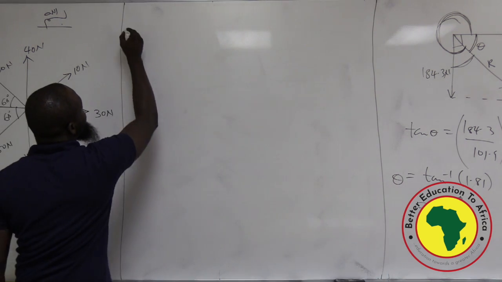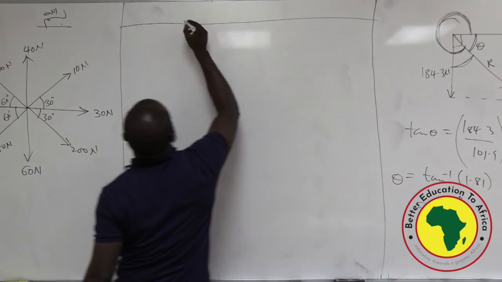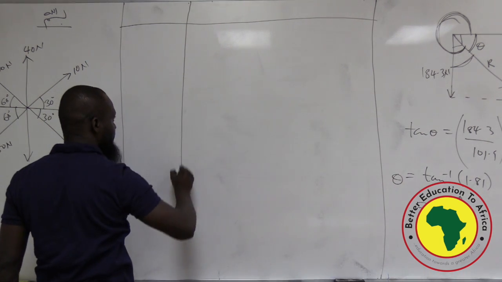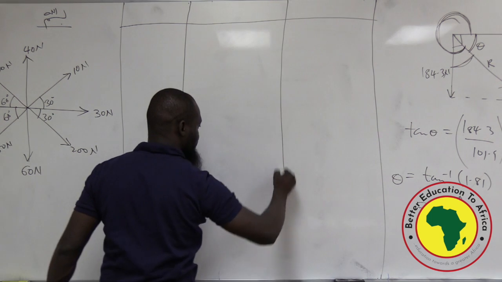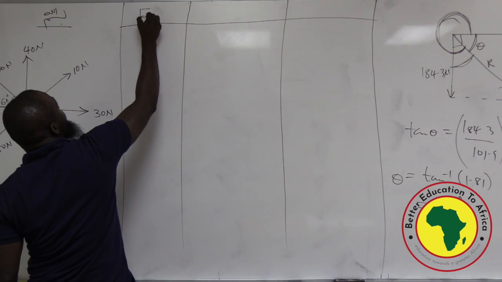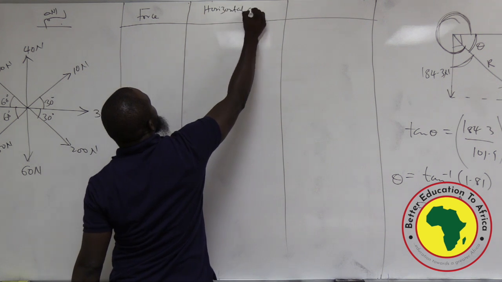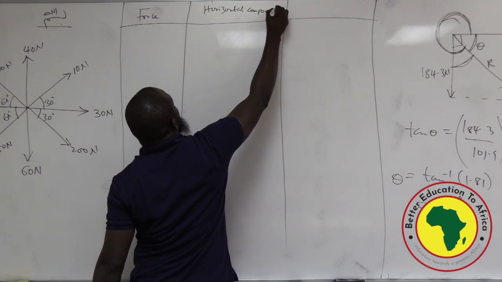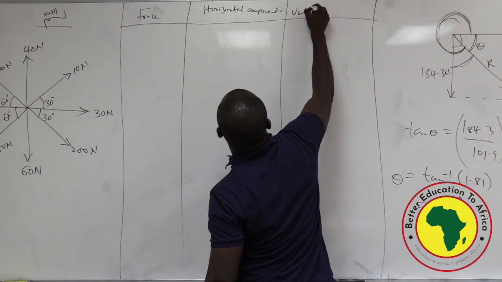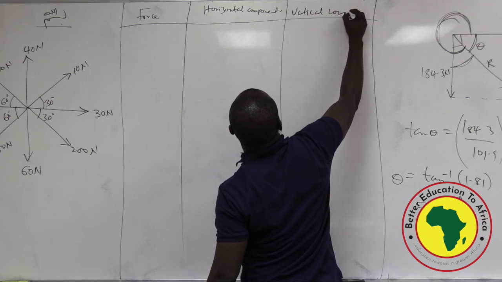We draw a table like this. Here we say forces, here we say horizontal components, and here we say vertical components.